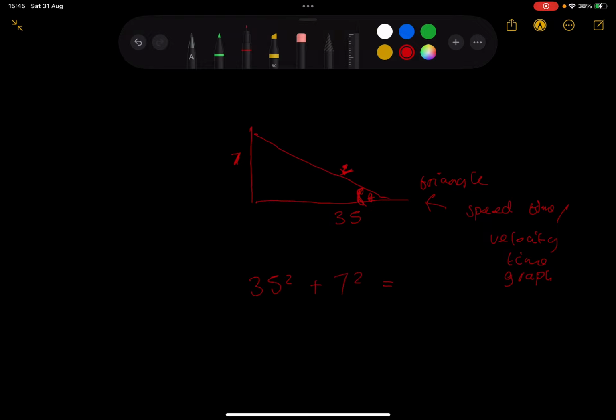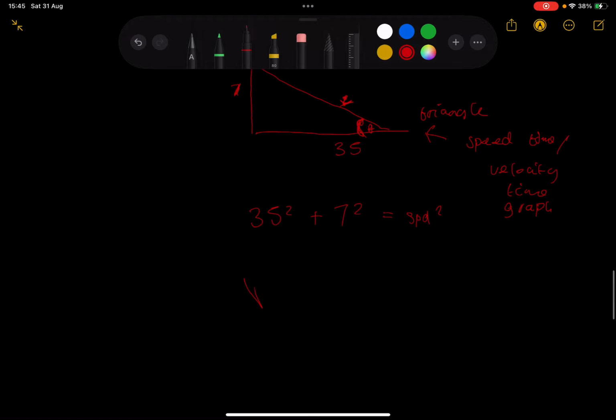So speed equals the square root of that sum.